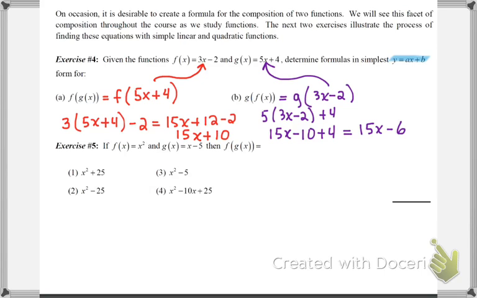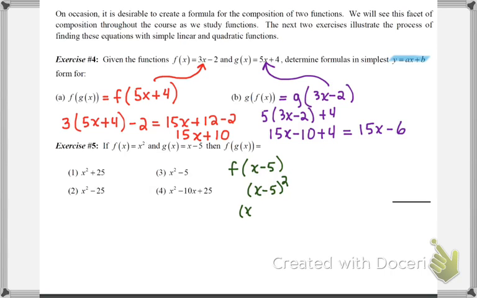If f of x is equal to x squared and g of x is equal to x minus 5, then find f of g of x. So we want f of x minus 5. So instead of x squared, we're going to do x minus 5 squared.